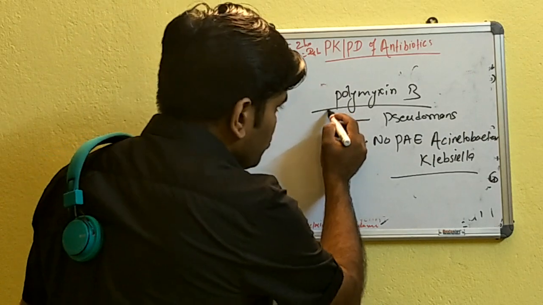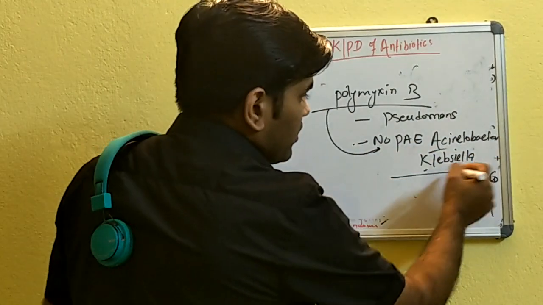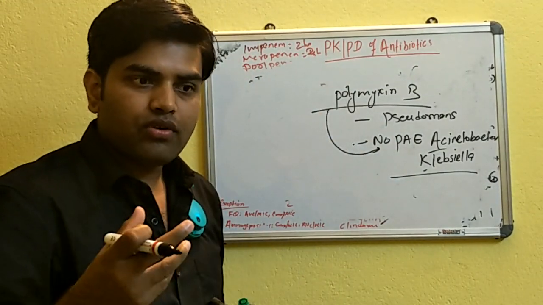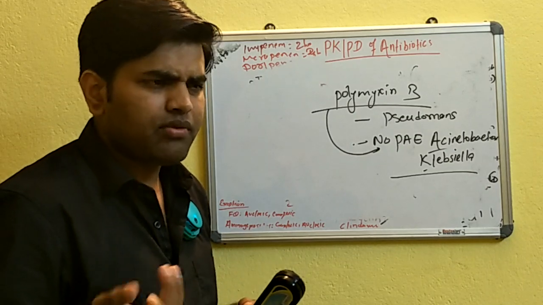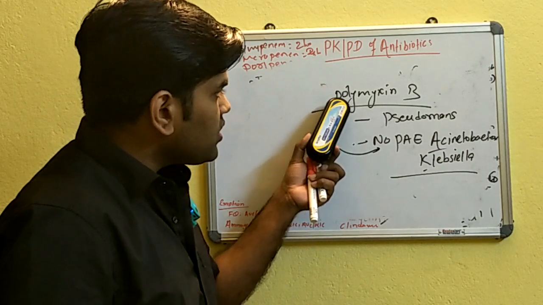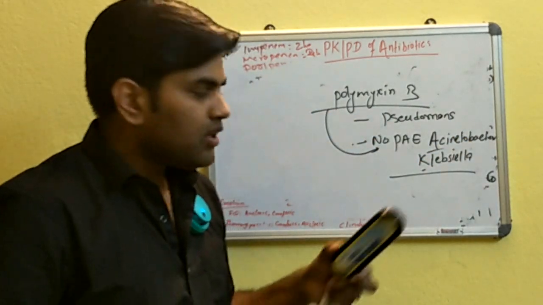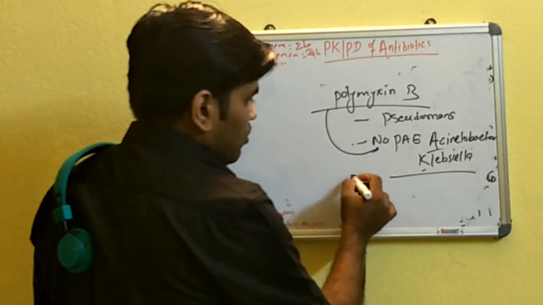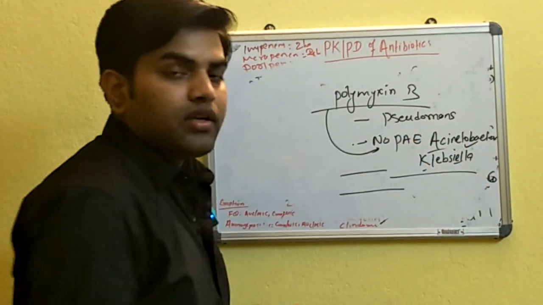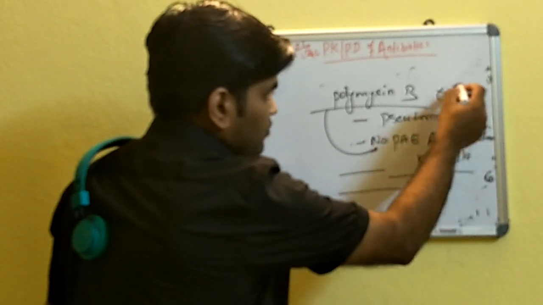Since it has no post-antibiotic effect against Acinetobacter and Klebsiella pneumoniae, when you use polymyxin B at, say, 7.5 lakh BD or 10 lakh BD, then when the antibiotic level goes down, heteroresistance occurs and regrowth of the organism occurs. Even resistance can happen.